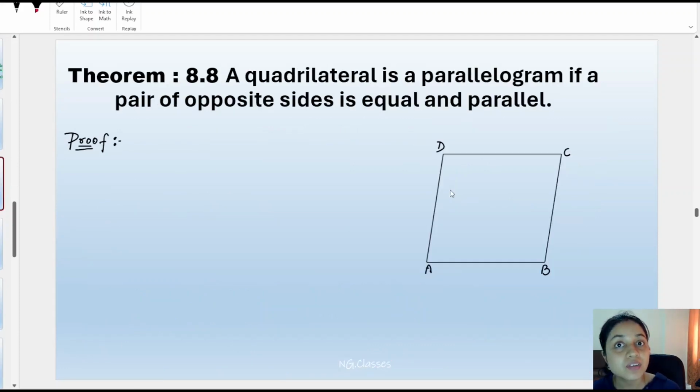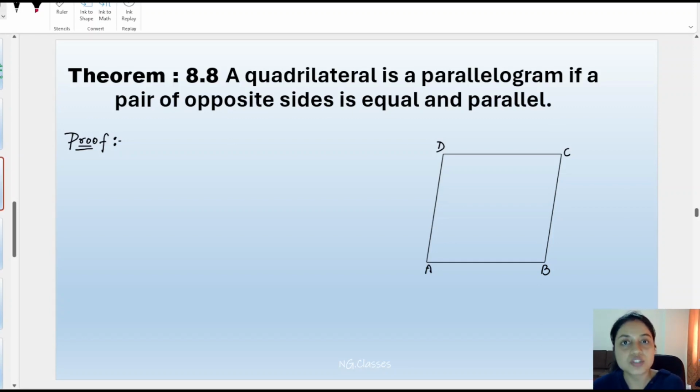Now let's see our last theorem related to parallelograms. The theorem says a quadrilateral is a parallelogram if a pair of opposite sides is equal and parallel. So we are having a quadrilateral ABCD over here, and we have to show that this quadrilateral is a parallelogram.